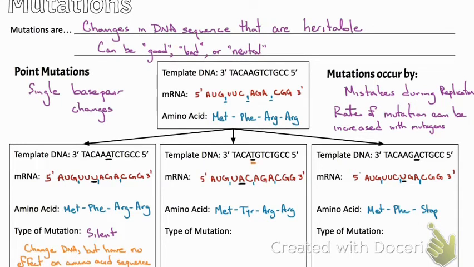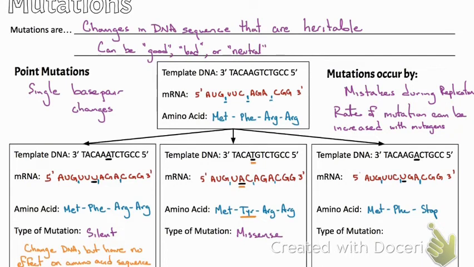And this then, again, is going to change our second codon. Before, where our second codon read UUC, it now reads UAC. And the effect you can see here is that it's going to change the amino acid. Our original amino acid in the sequence was phenylalanine. We now have tyrosine. And so this is an example of what we call a missense mutation.